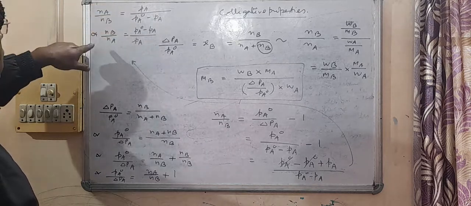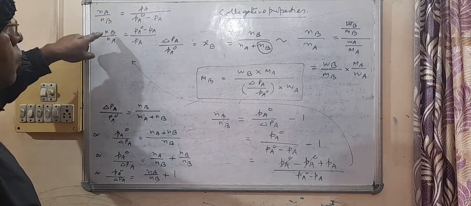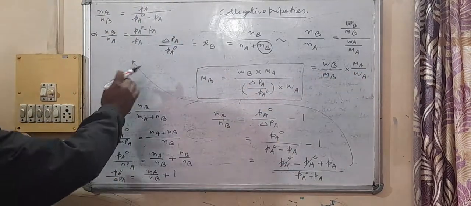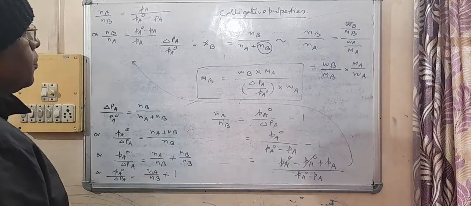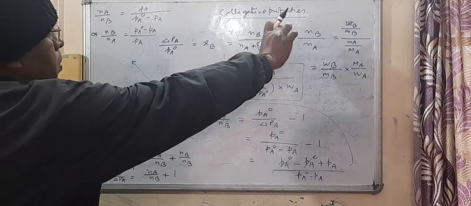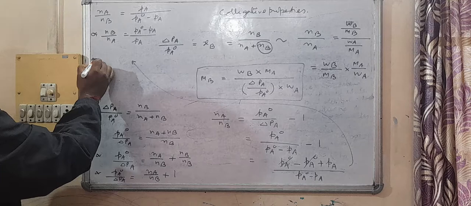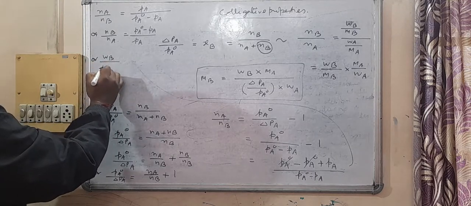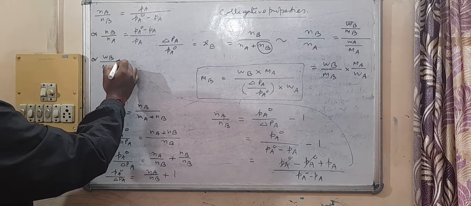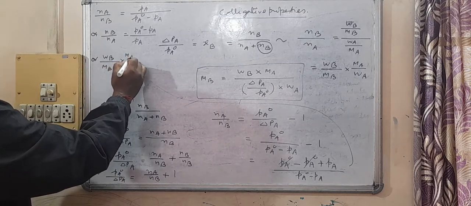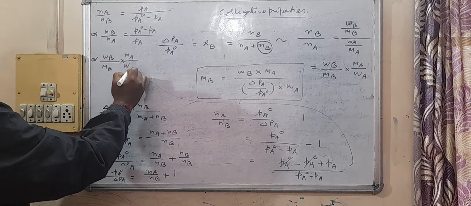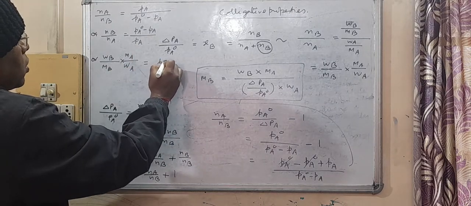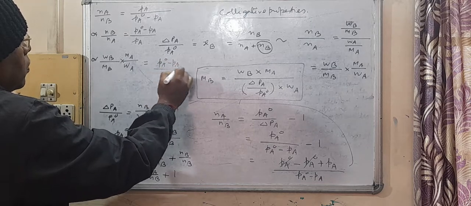Okay, upside down. So now you see, since we know Nb by Na is this expression, let me write it down directly. For Nb by Na, it is Wb by Mb into Ma by Wa, which is equal to this Pa naught minus Pa by Pa.